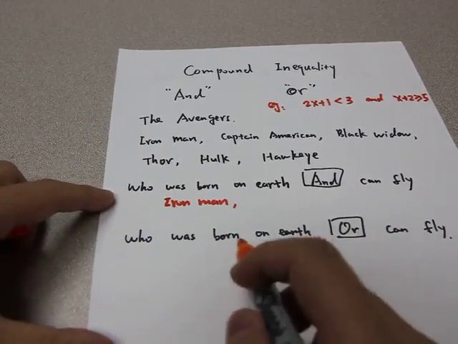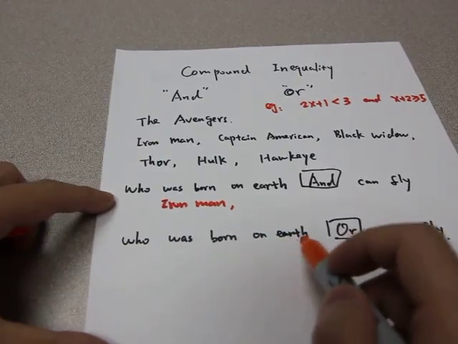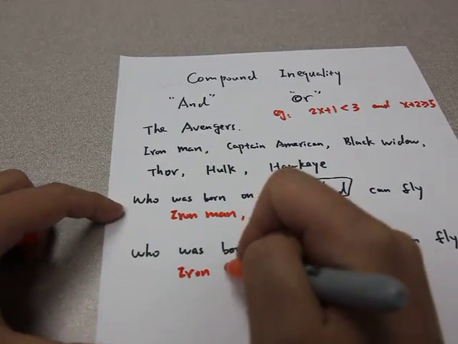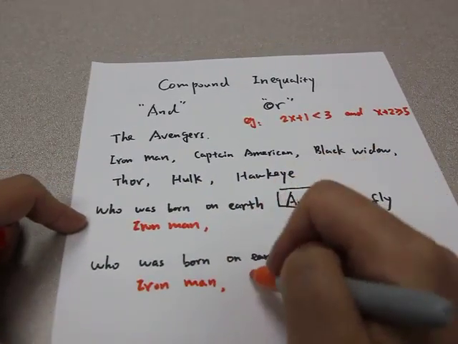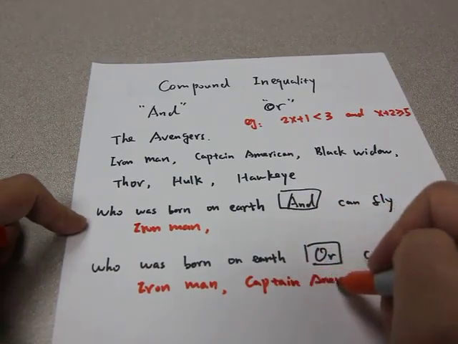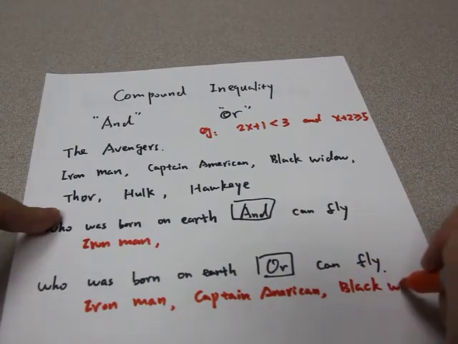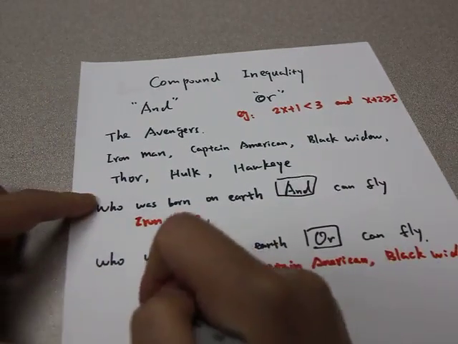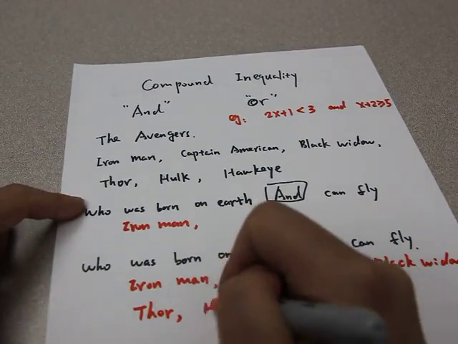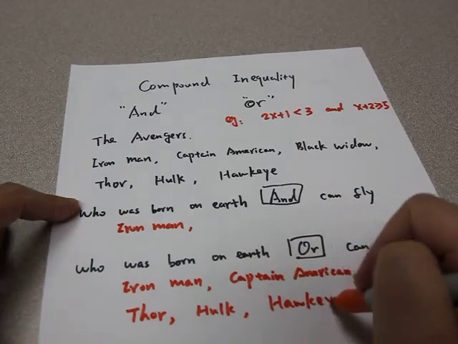However, if we look at the second statement, the members who were born on Earth or can fly, the answers are Iron Man, Captain America, Black Widow, Thor, Hulk, and Hawkeye, right?